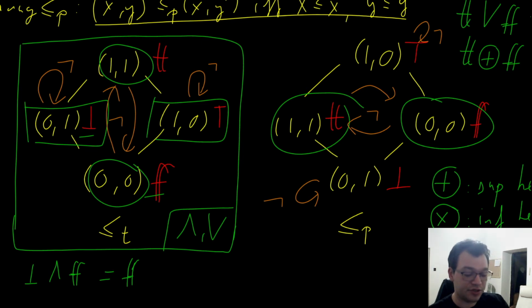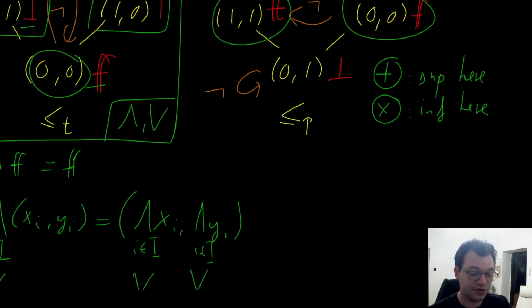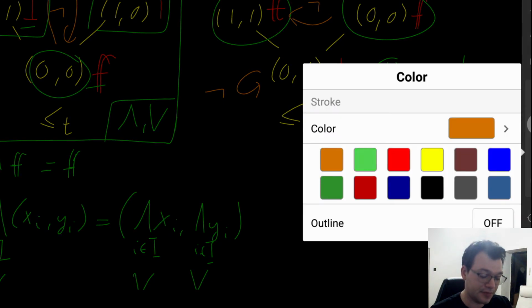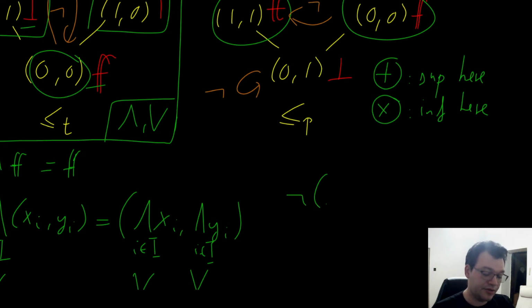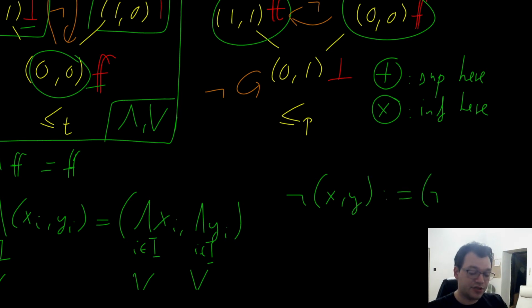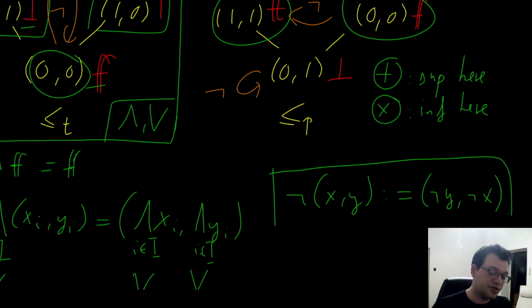Now you can check that the definition of this negation is that the negation of the interval xy is just the interval not y, not x. So this is the algebraic definition of the very same thing.